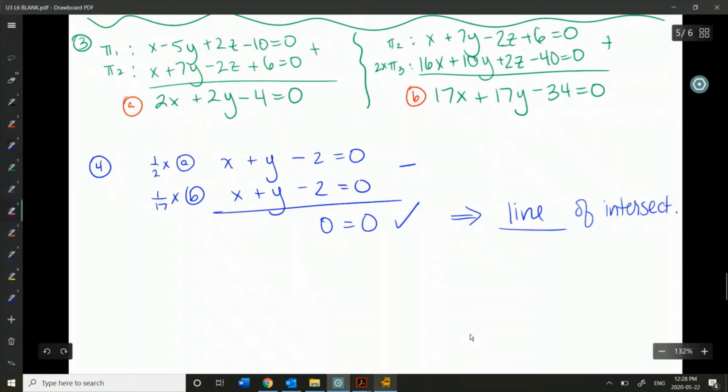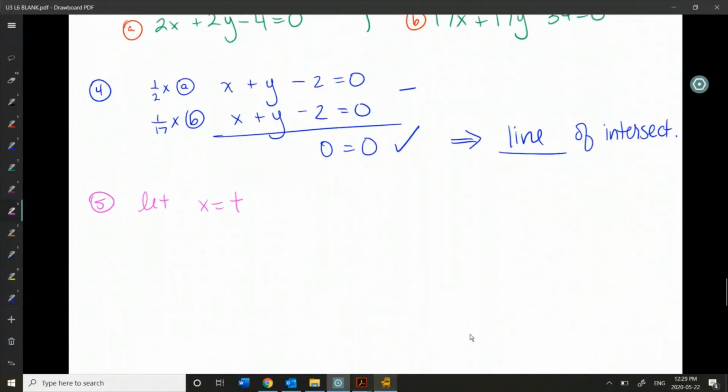Okay, so we're going to go to our next step then, and when we have a line of intersection, essentially I'm just going to choose one of the variables that remains from my 3rd step to set as the parameter. So let's say we let x equal the parameter t here.